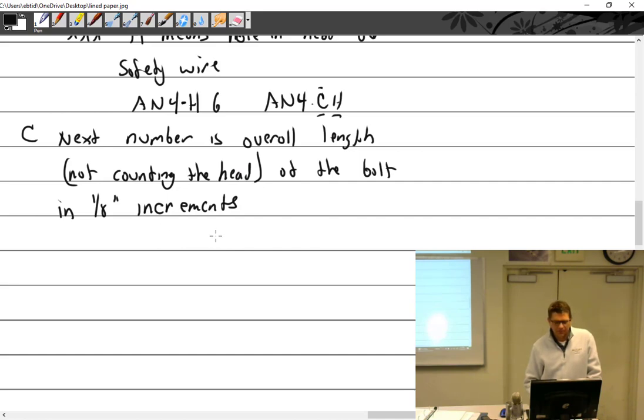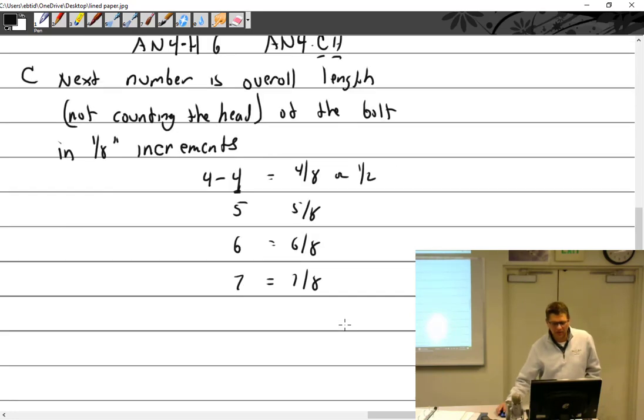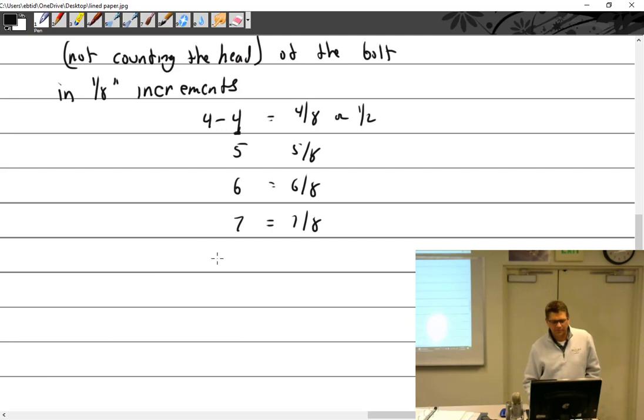All right, so say a 4-4, how long is that? Okay, 4/8 or 1/2 inch. So the 5 would be 5/8. A 6 would be 6/8. A 7 would be 7/8. An 8 would be wrong.